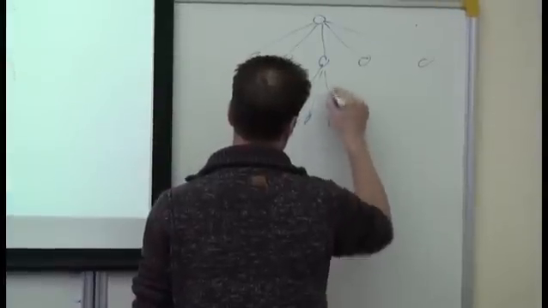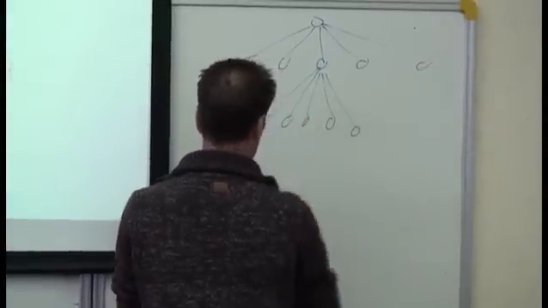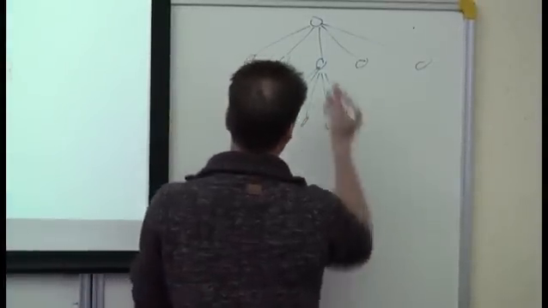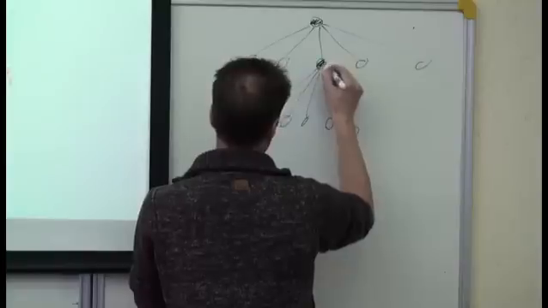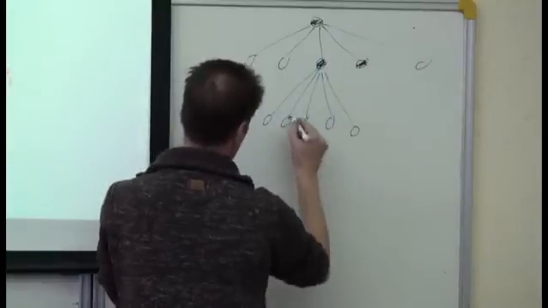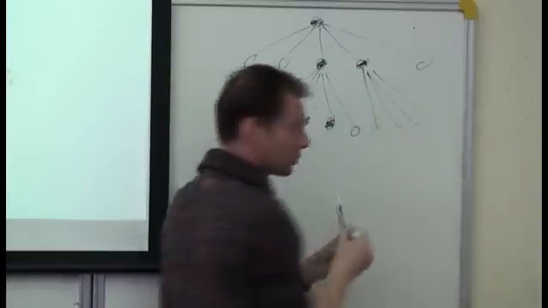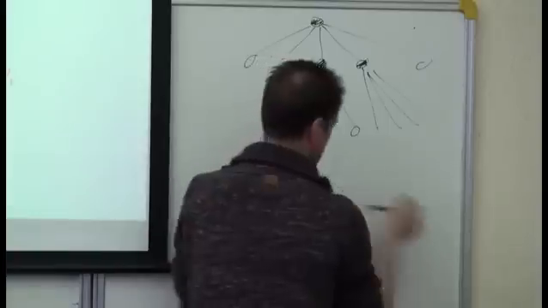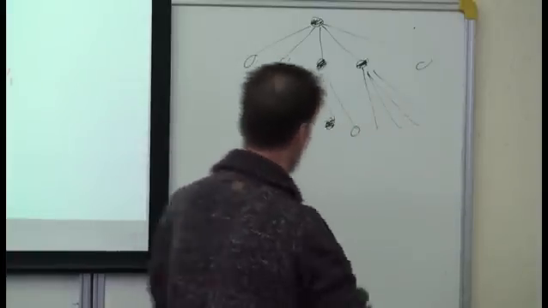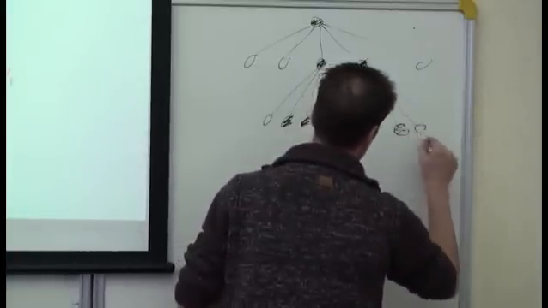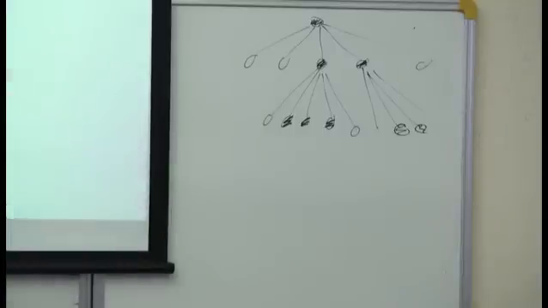So maybe I always go here, maybe I go here, and then in this one maybe I go here, here, and here, and for this one, maybe also visit a few nodes.